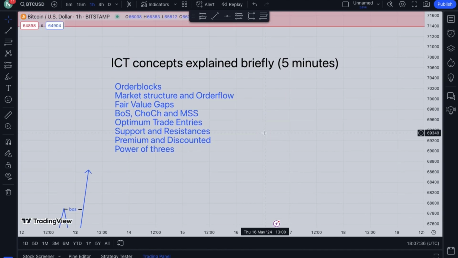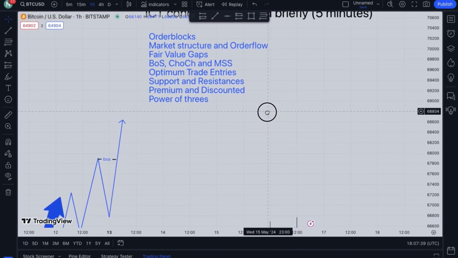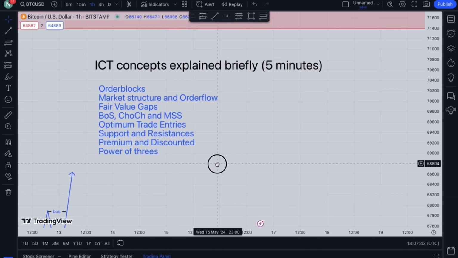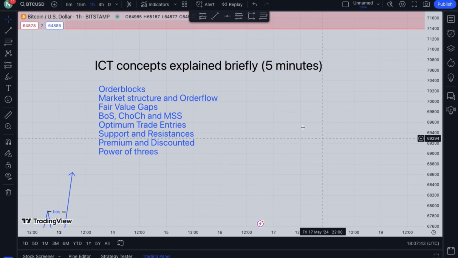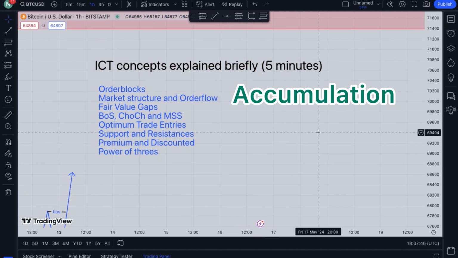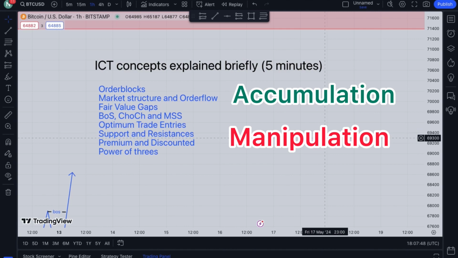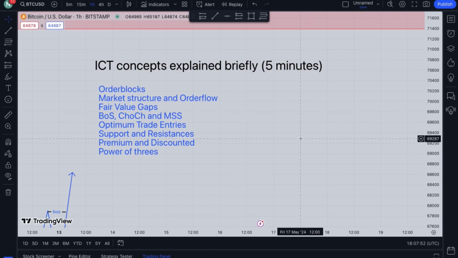And power of threes basically talks about the three market maker algorithms, or three different types of price action. So we have the accumulation, the manipulation, and then the distribution stages. So we'll be looking at all these in good detail, and I'm going to try and make all the videos very simple and short, and most importantly easy to understand.